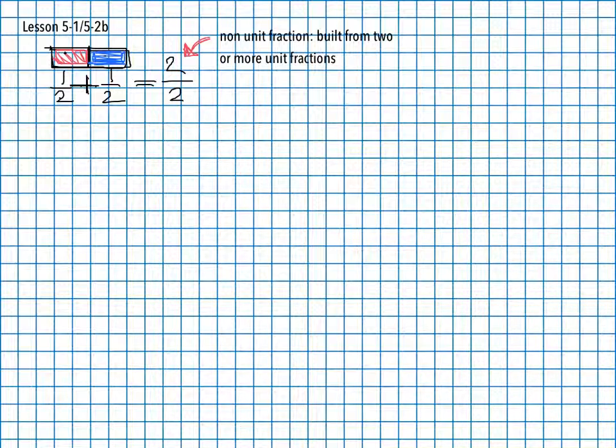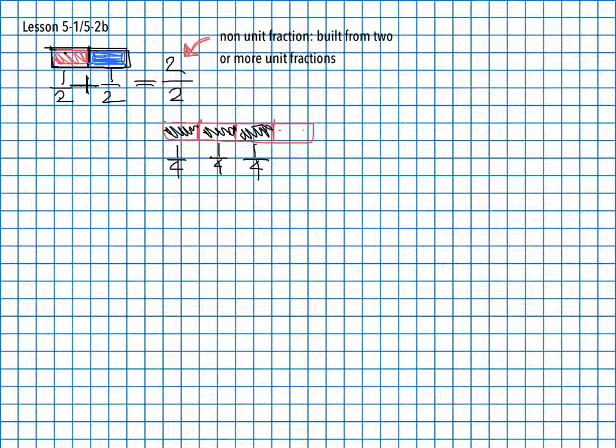Give me my drawing tool here. So I'm going to go, and let's see, 1, 2, 3, 4, 5, 6, 7, 8. Now let's break this into fourths. So here, here, here, and now let's color in this one, and this one. So now individually, each one of these is 1/4, this is 1/4, and this is 1/4.